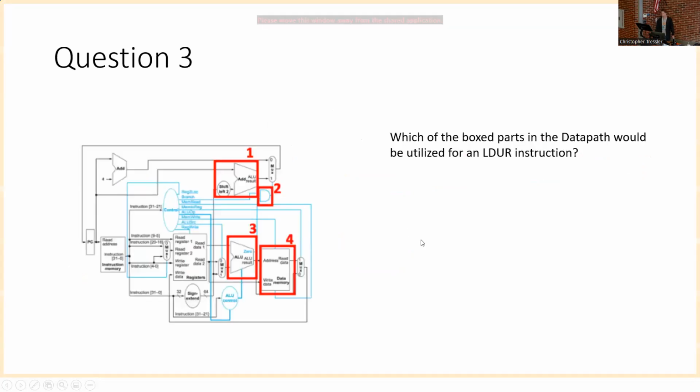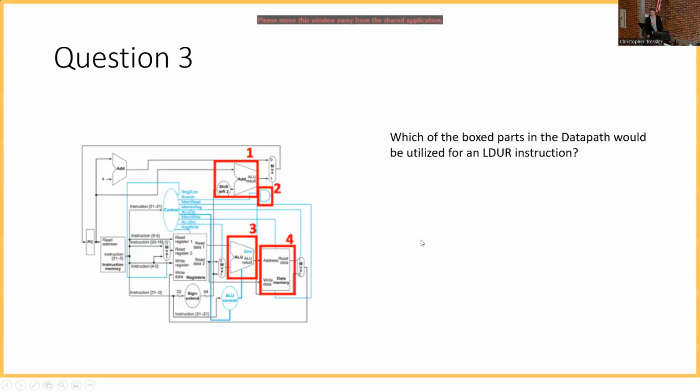All right, so now we're going to continue to move on. It says, which of the boxed parts in the data path would be utilized for an LD instruction. Basically, we're looking at this single cycle data path.